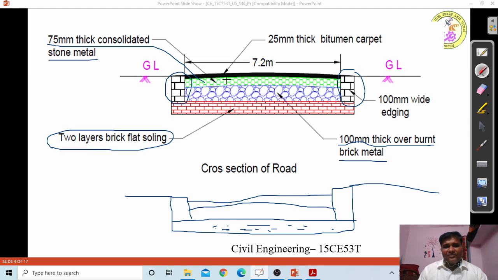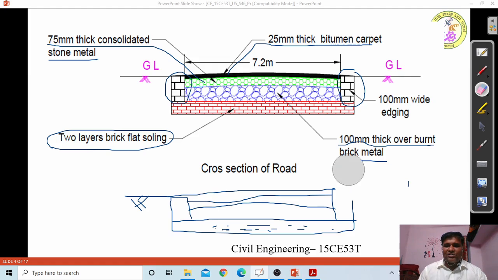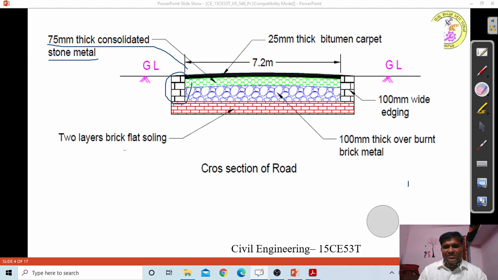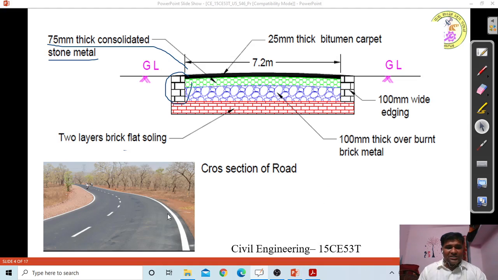And finally, as a wearing coat, there will be a 25 mm thick bitumen carpet, exactly matching the ground level on both sides. So this is the process that will be followed for the construction of this road. These items have to be explained in detail. This is the bitumen road, and this is called the bitumen carpet, the final layer.